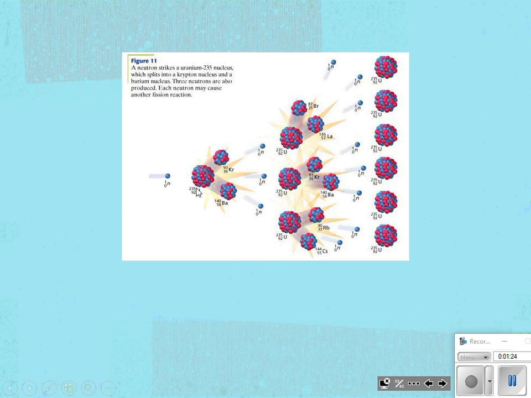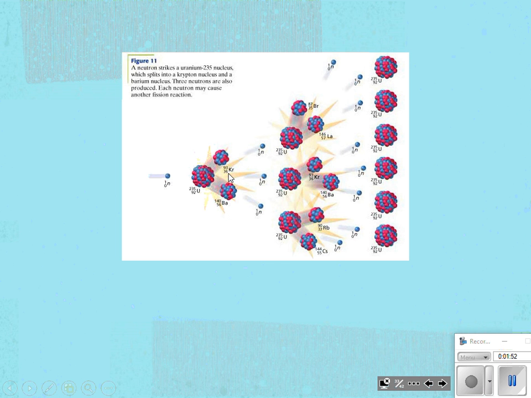But what's happening? This little blue dot you see right here, this is uranium-235. So this little blue dot is a neutron that a scientist has shot at that nucleus. When that neutron hits that nucleus, it splits the uranium into two different elements.